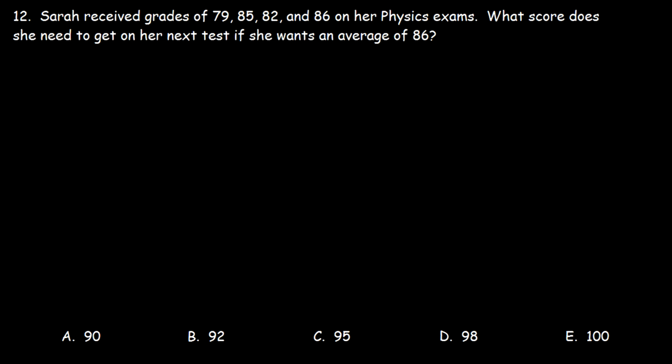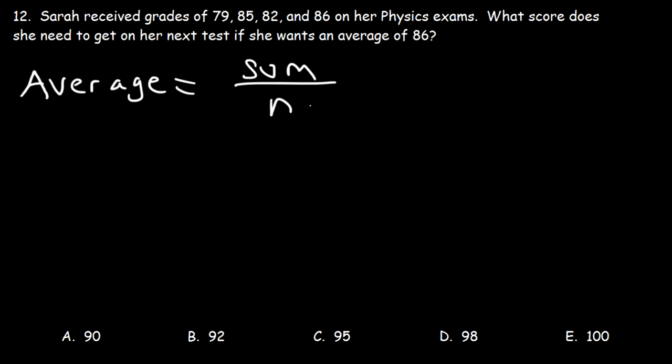Number 12. Sarah received grades of 79, 85, 82, and 86 on her physics exams. What score does she need to get on her next test if she wants an average of 86? So, whenever you want to find the average of a set of numbers, you need to find the sum of those numbers and divide it by the number of numbers in the set.